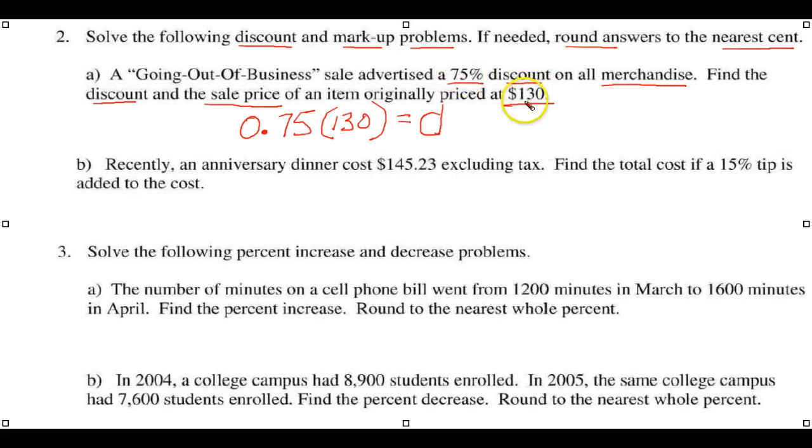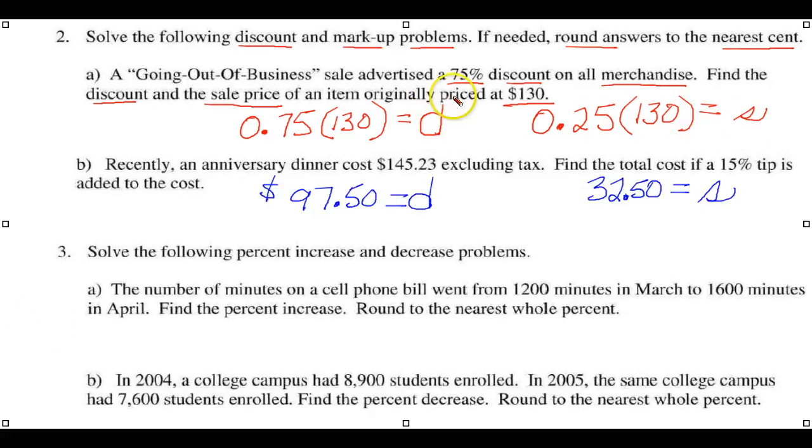So if you wanted to figure that out, you could go this way, 0.25 times 130. Now this would be the sales price. If you're getting a 75% discount, then you're only paying 25% of the original price. So your discount of the original price, 75%, is this much money.